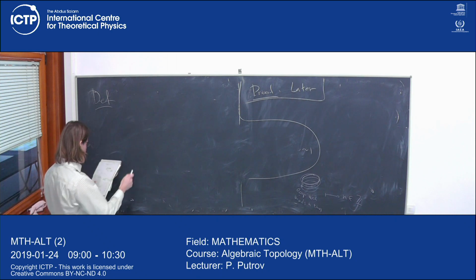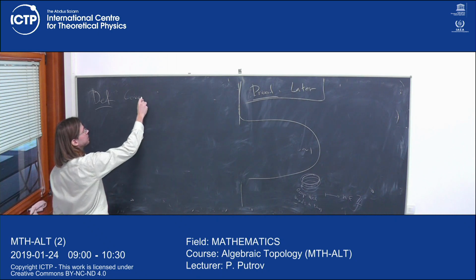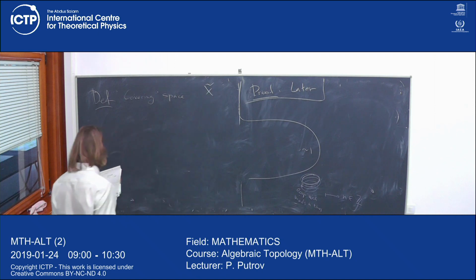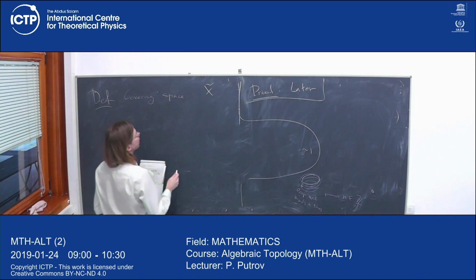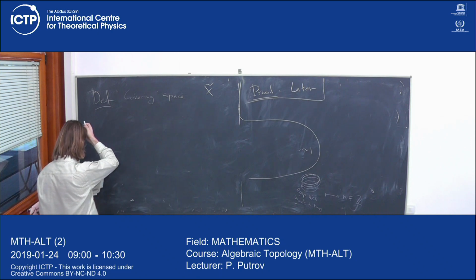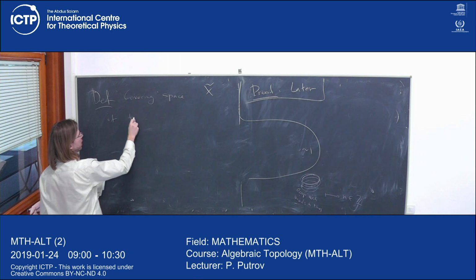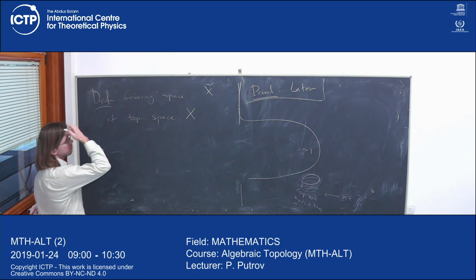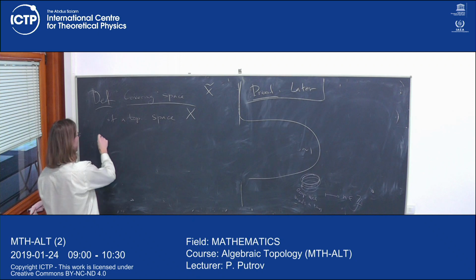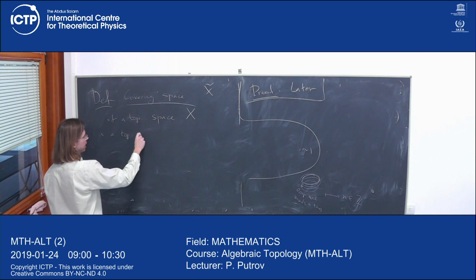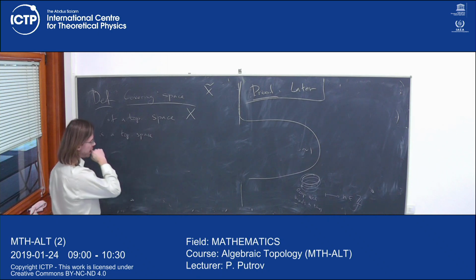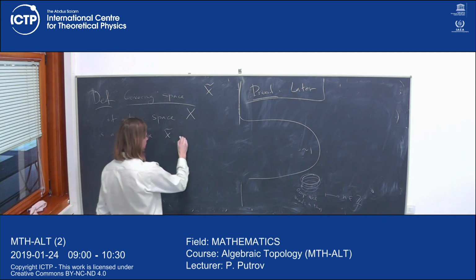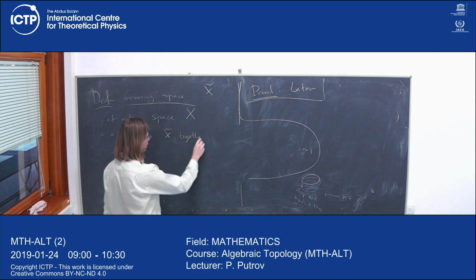First thing we want to do is to introduce the following definition. A covering space of a topological space X is a topological space, denoted by X tilde, together with a map p, so we want to keep additional information together with the map.